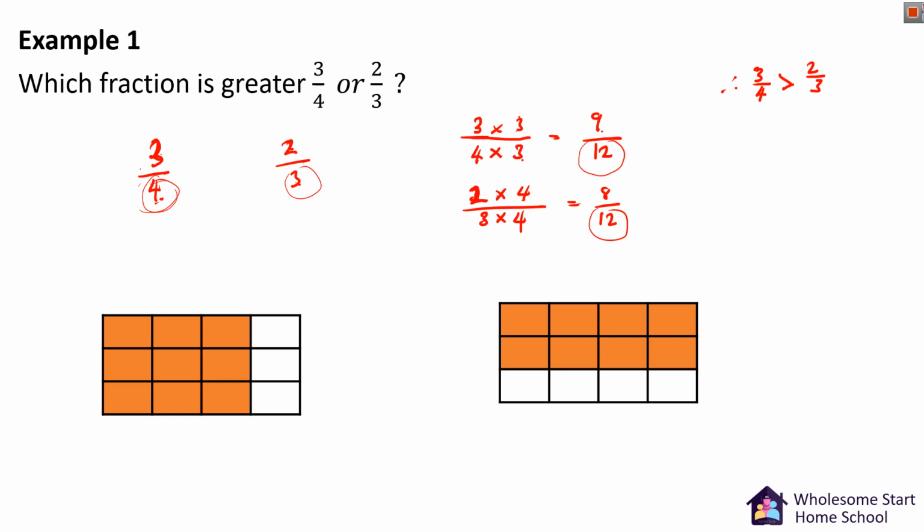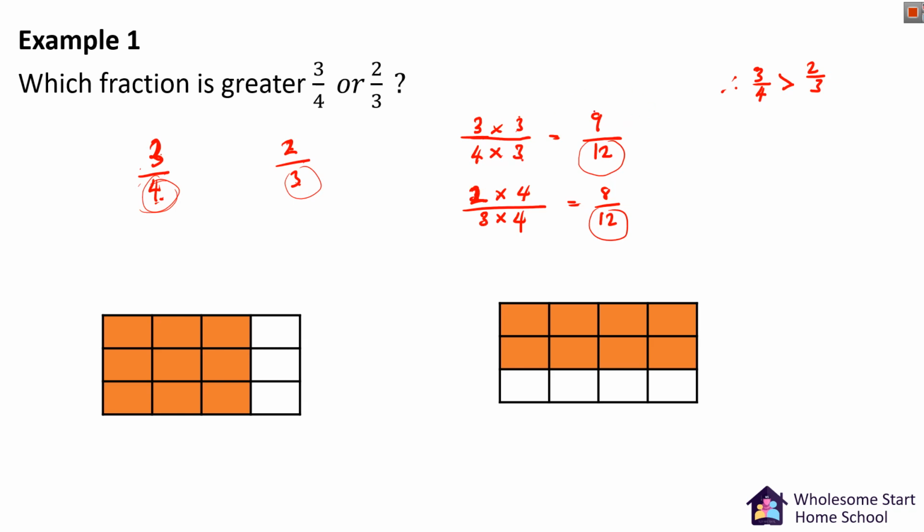You can say that 9 over 12 is more, because now this is an equivalent fraction. 9 over 12 is an equivalent of 3 over 4, because we multiplied both the numerator and denominator by 3. And 8 over 12 is an equivalent of 2 over 3.